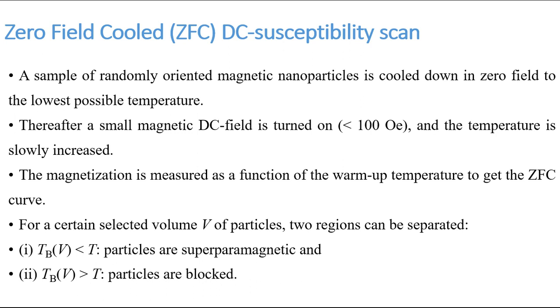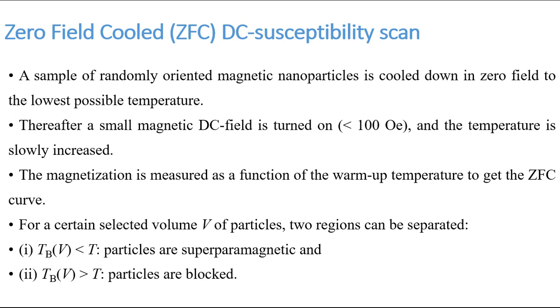The sample of randomly oriented nanoparticles is cooled down in zero field to the lowest possible temperature, and at that temperature you apply a small DC field, and then the temperature is slowly increased and the magnetization is measured as a function of temperature. This curve is the zero field cooled curve, and the field is fixed during the whole M-T curve.